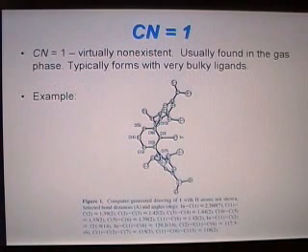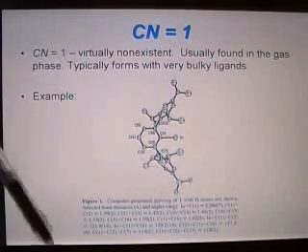So let's start out with the simplest coordination number, which is coordination number 1. It doesn't exist very much, and as a matter of fact, I had to kind of dig around to find a good example. Normally you find coordination number 1 where one atom on a bulky ligand bonds to a metal cation in the gas phase, but there are some examples out there.